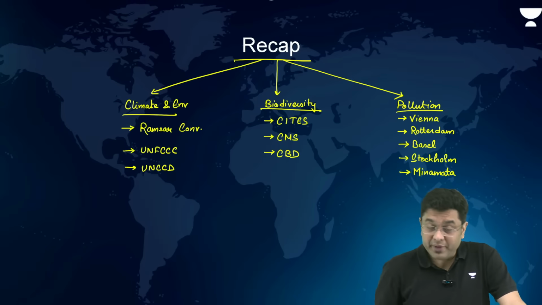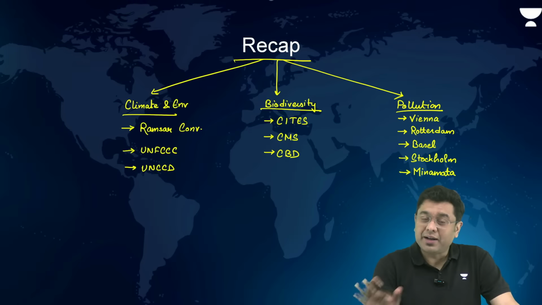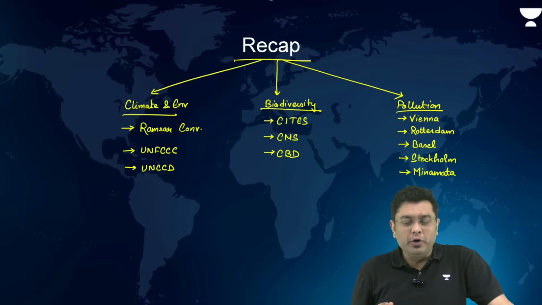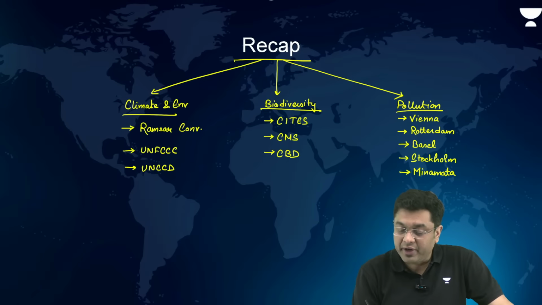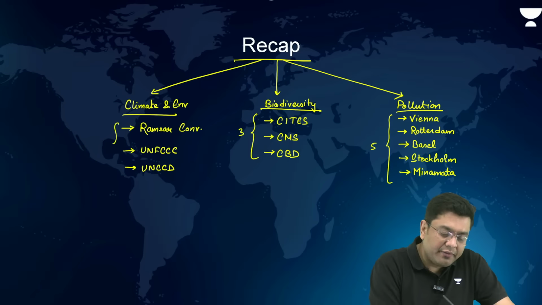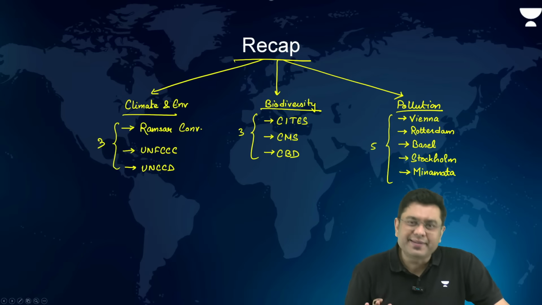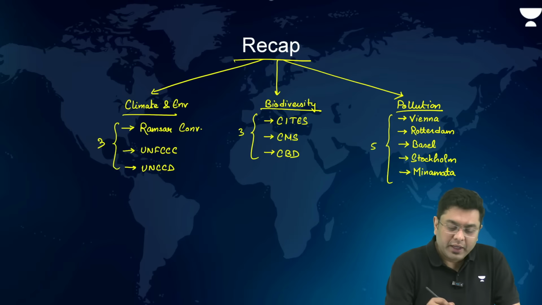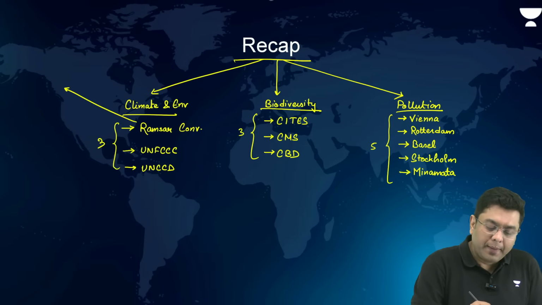If you have to bring protocols, first of all, get comfortable with these things, right? If you have to bring the protocols into picture, we will talk about that as well. So how many conventions are we covering here? We are covering around 5, 3, and 3. 11 conventions, all that is required for your exam. If you have to talk about the protocols, Ramsar Convention has got Paris Protocol.